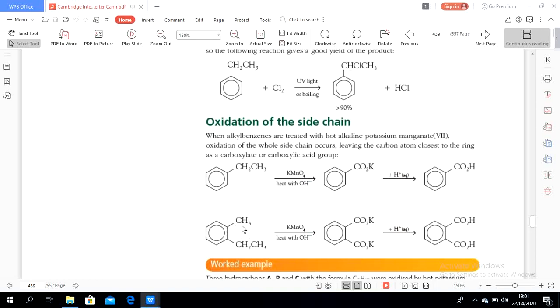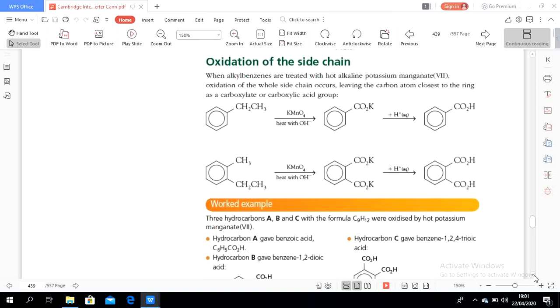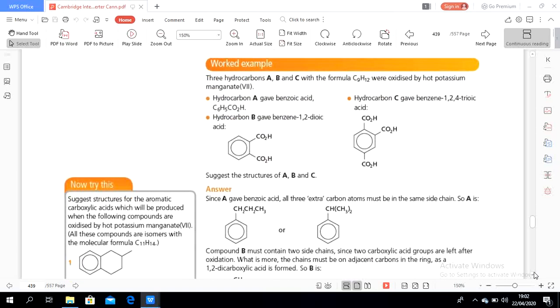Similarly, if there are two alkyl groups attached to the benzene, in the presence of alkaline potassium manganate with heating, both of the alkyl groups will be oxidized, and then in the presence of acid, this becomes benzene dicarboxylic acid.